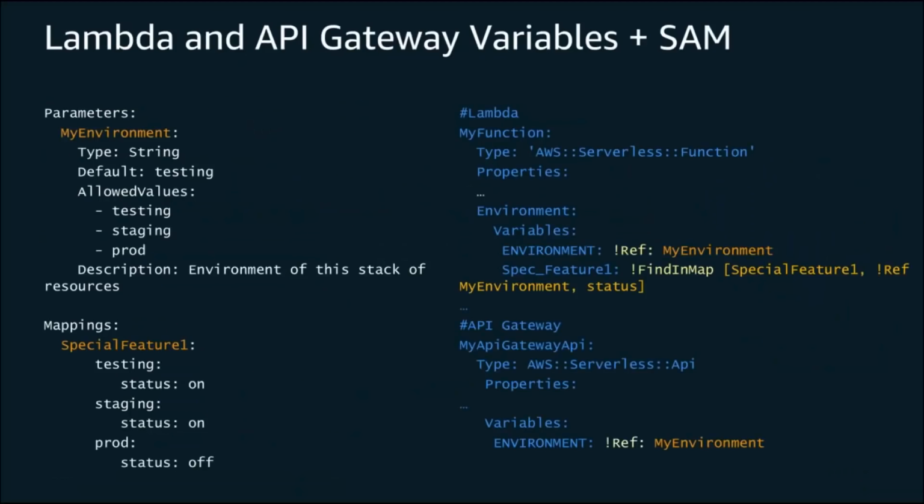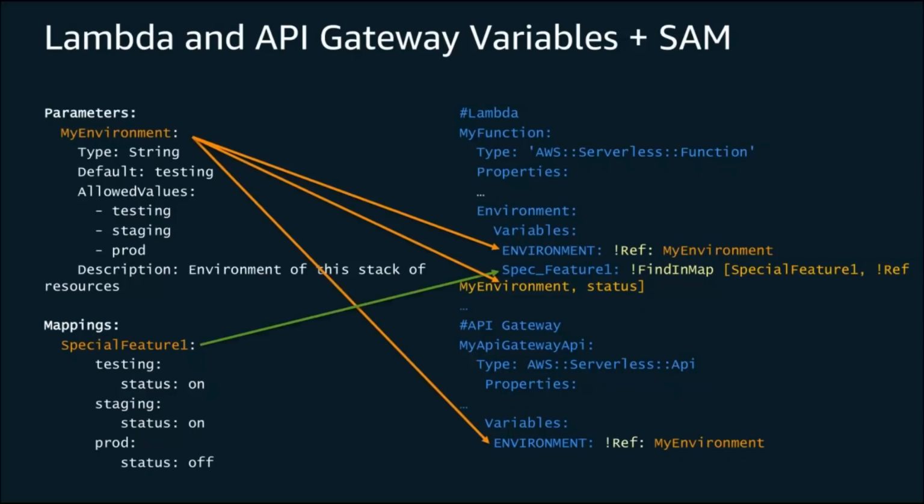And so how this works in SAM is that we could specify, for example, here, two different parameters. We have a parameter called myEnvironment. We then have a mapping actually here called special feature 1. And the way that these show up inside of my SAM template, which is on the right-hand side of the screen here, is as environment variables, both for my Lambda function and my API Gateway.